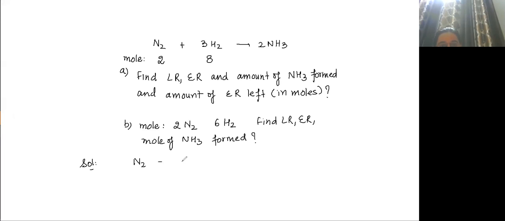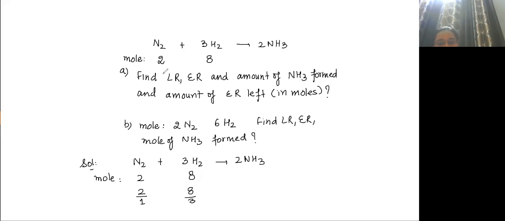N2 plus 3H2 gives 2NH3. Moles are given as 2 mole and 8 mole. How will you find out LR and ER? 2 divided by 1 and 8 divided by 3. Divide by their stoichiometric coefficient.